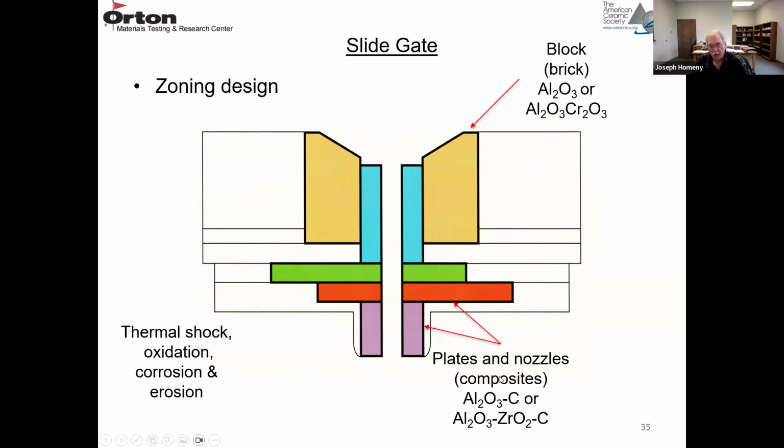So they're going to be a composite, usually an alumina carbon composite, or if you have enhanced corrosion resistance, an alumina zirconia carbon composite. Both the sliding gate plates and the nozzle here.